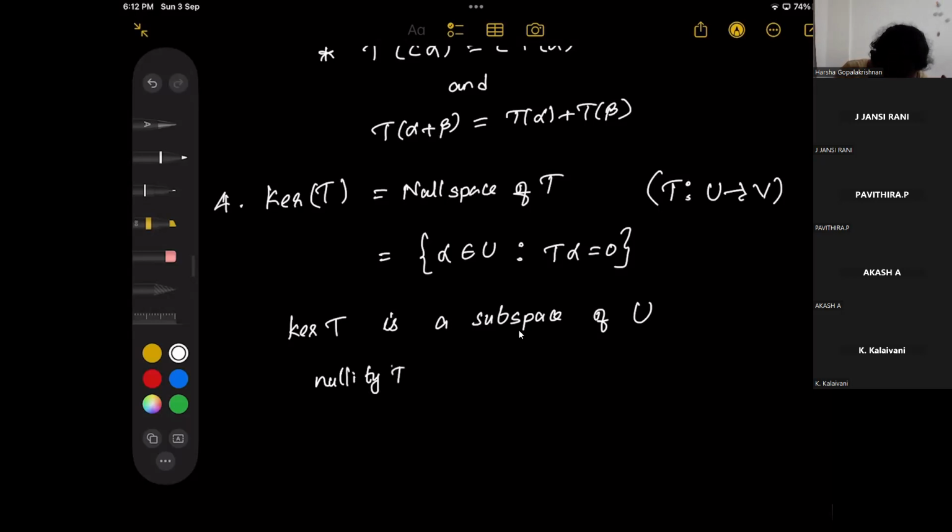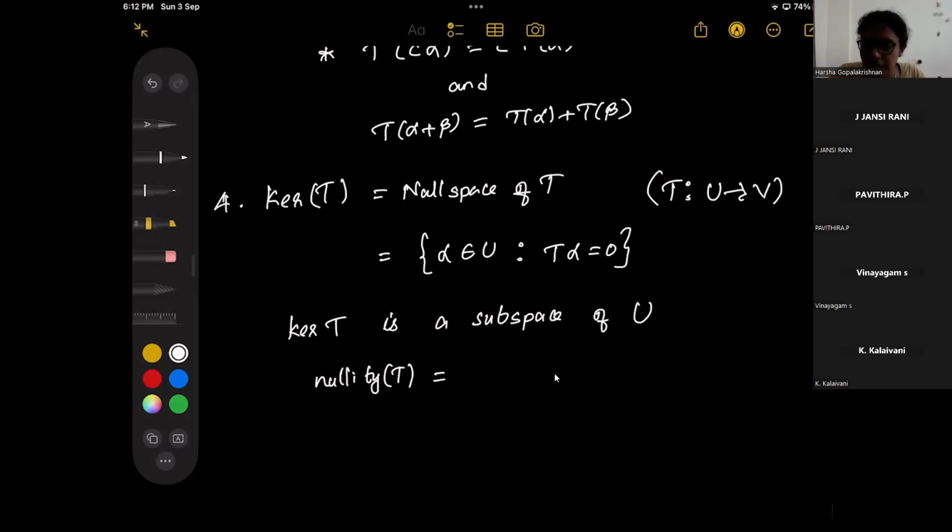And one more thing here to notice is nullity of T. Anyone knows what is nullity of T? Can any guess what will be the nullity of T? Nullity of T means it is related to the null space of T. Any idea?